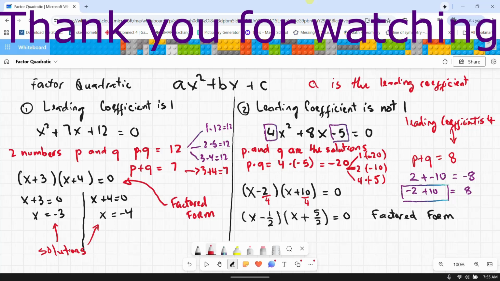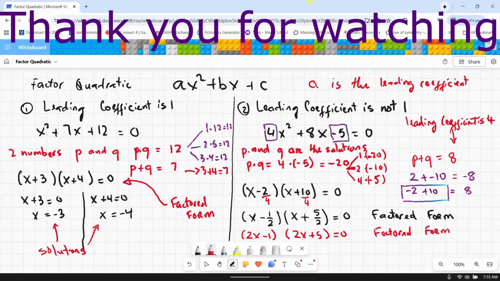So you can have it like this, 2x minus 1, and 2x plus 5 equal to 0. This is also the factor form of this equation. So you have two different forms, but the bottom one looks prettier without fractions.